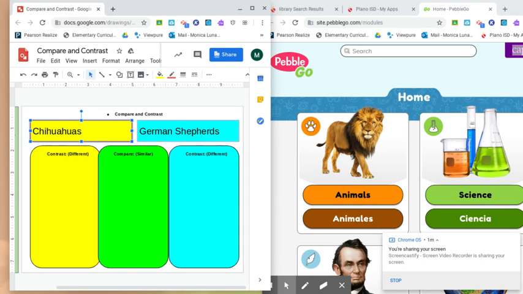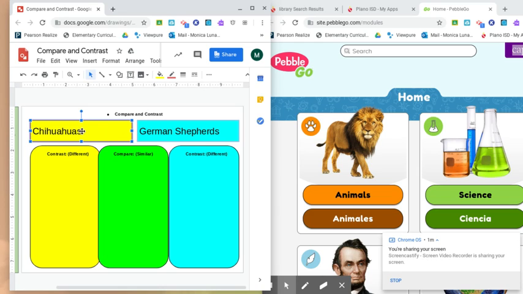Then the following day, we are going to compare them and we're going to put the similarities that we found between Chihuahuas and German Shepherds in this box, okay? So one day we're going to do this part, the next day we're going to do this part, and then the third day we're going to find the similarities, okay? And then I'm going to have you do your own. You find two things you want to compare, whatever you want to compare, dogs, any animal, okay?